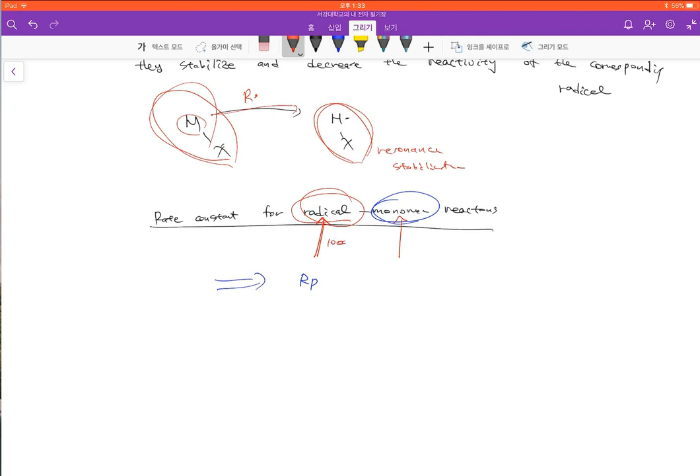So they are compensated with each other, and the overall propagation rate is not that large. For radical reactivity it was like 1,000 times, for monomer reactivity like 50 times. They compensate each other, so the effect on the overall rate of polymerization is much smaller, about 10, 15 or so.